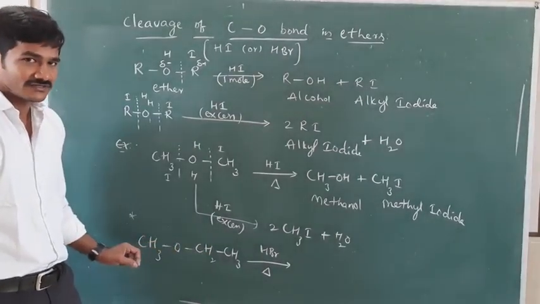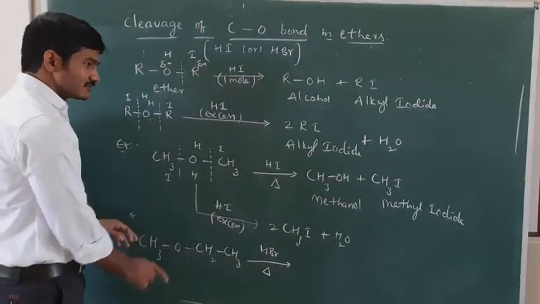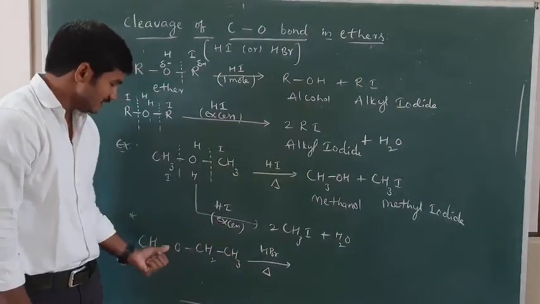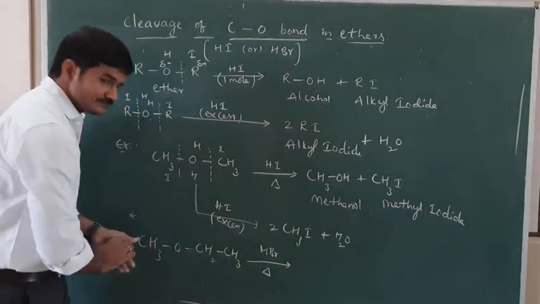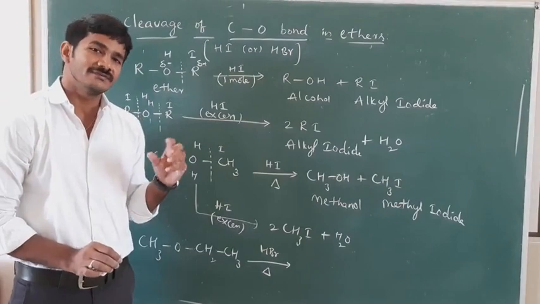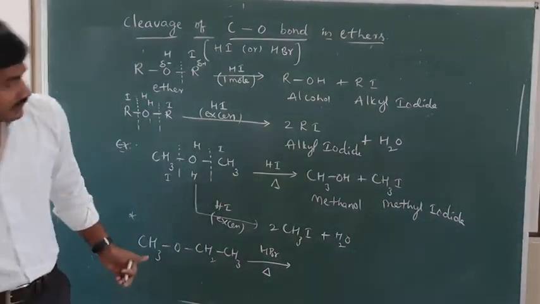Here the question arises: where should we break the C-O bond? The products depend on the cleavage of the C-O bond. To understand where to break, I'll tell you a simple shortcut. Based on that shortcut, you can write the products for unsymmetrical ethers.